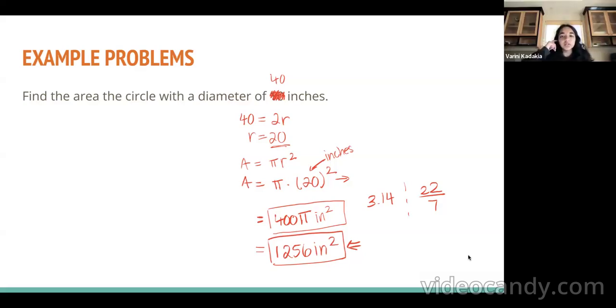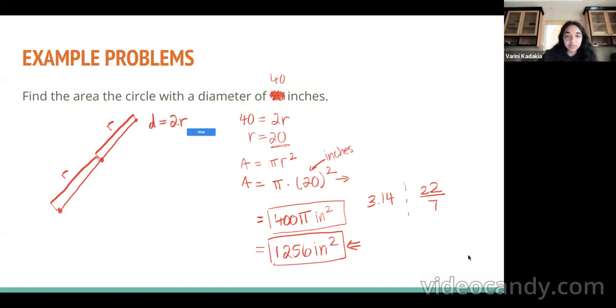Those are the definitions. But if we draw it out, with the diameter on 2 points of the circle passing through the center, there are actually 2 radii within it. So our diameter equals 2 radii.